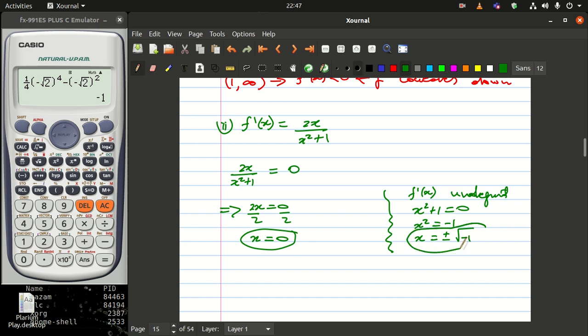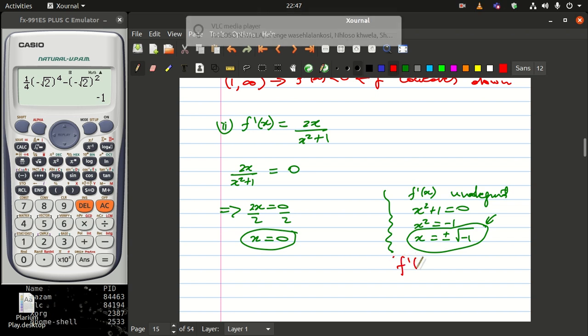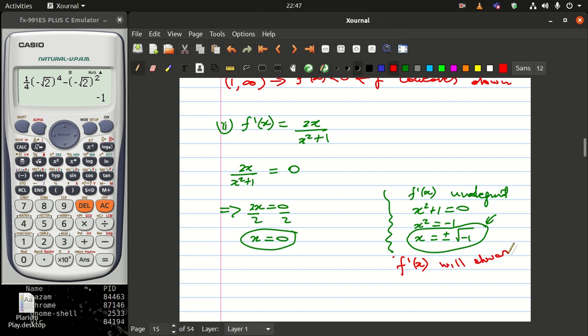But that tells us we have an imaginary value. In other words, f prime of x will always be defined.